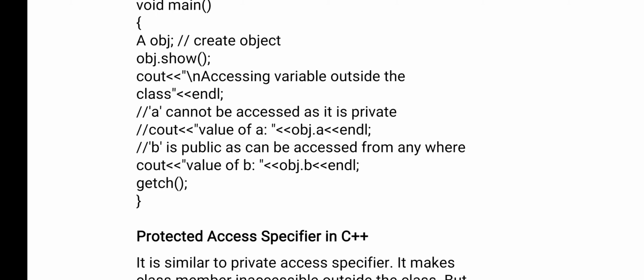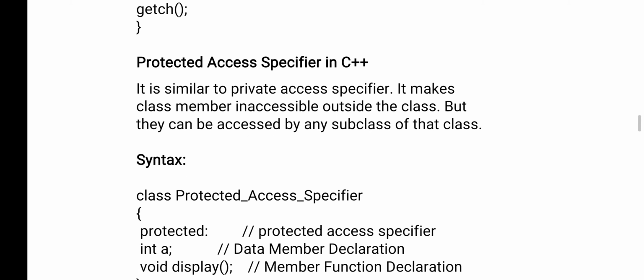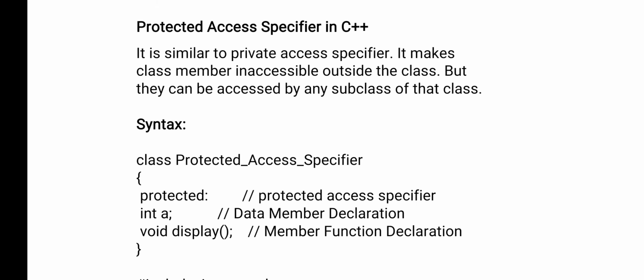Okay, now the next one is protected. Actually, we can say that it is semi-private and semi-public. It is similar to the private access specifier. It makes class members inaccessible outside the class, but they can be accessed by any subclass of that class.